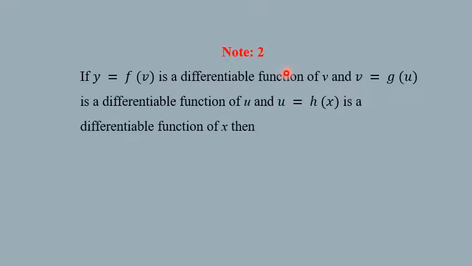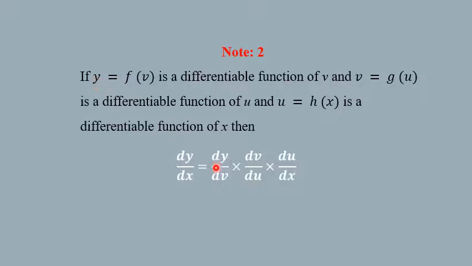Next, note number 2. If y is equal to f of v is a differentiable function of v, and v is equal to g of u is a differentiable function of u, and u is equal to h of x is a differentiable function of x, then dy by dx is equal to dy by dv into dv by du into du by dx.